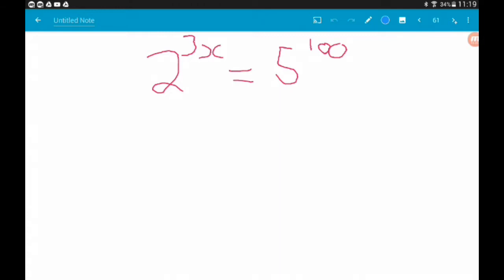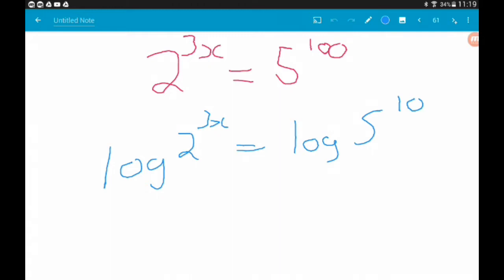So we want to get x on its own, so our first step is to log both sides. So we get log of 2 to the power 3x equals log of 5 to the power 100.